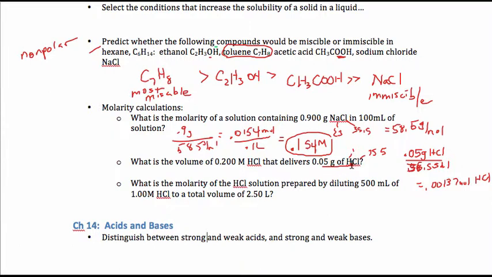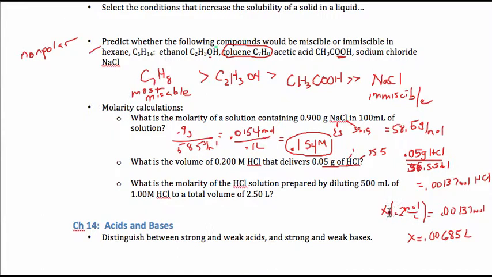That's how much I need to deliver. So the question is, what volume times 0.2 moles per liter equals 0.00137 moles. When you solve for x, you get x equals 0.00685, and that's going to be liters, right?